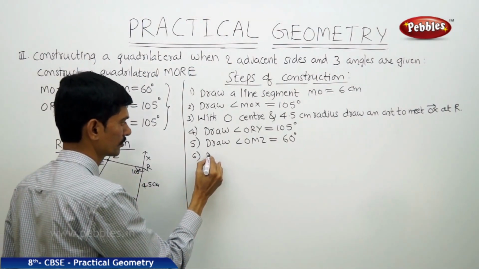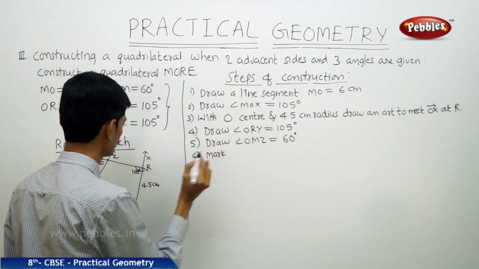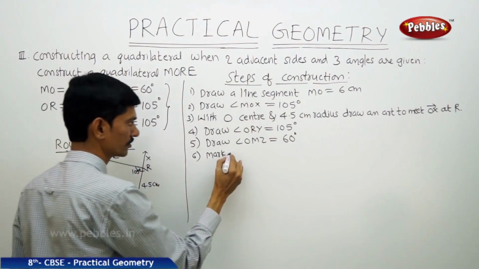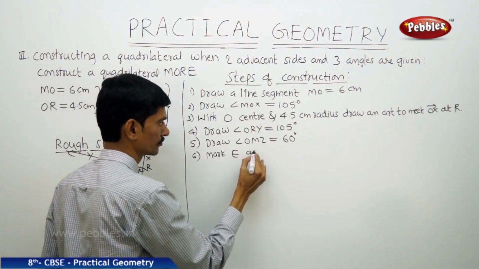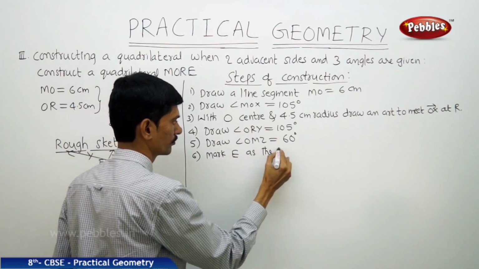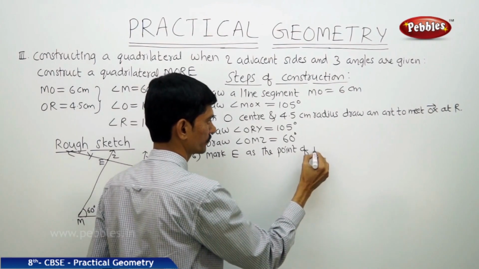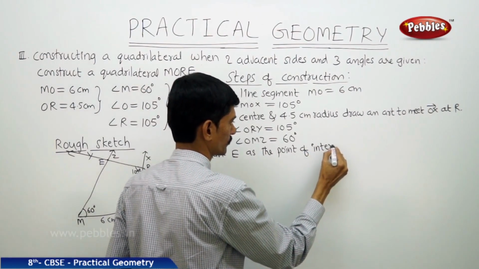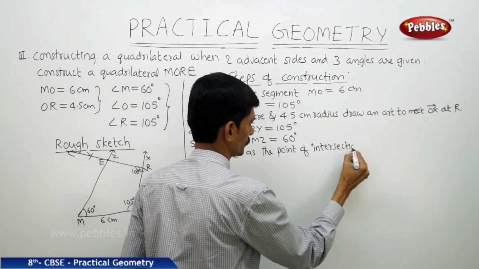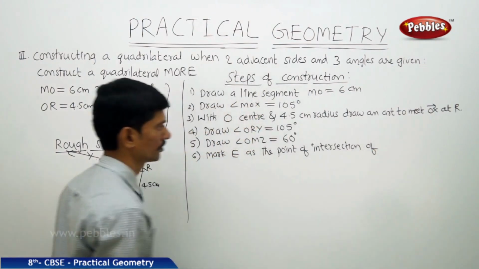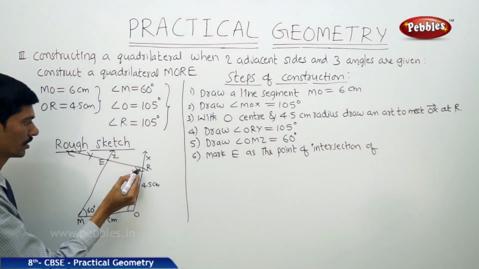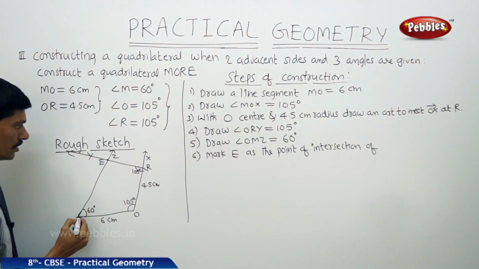Mark E as the point of intersection of ray RY and MZ.